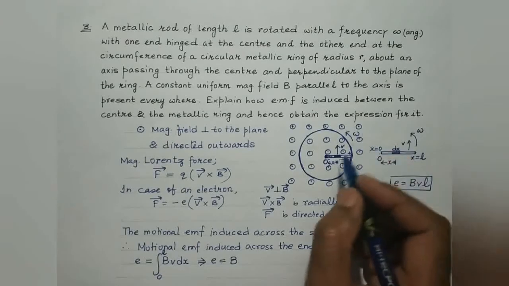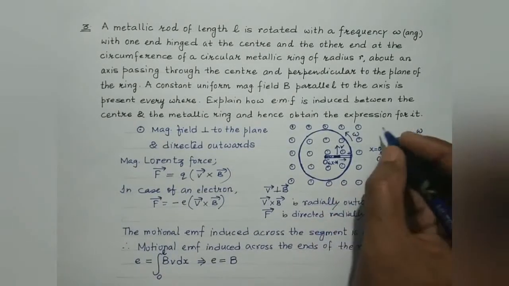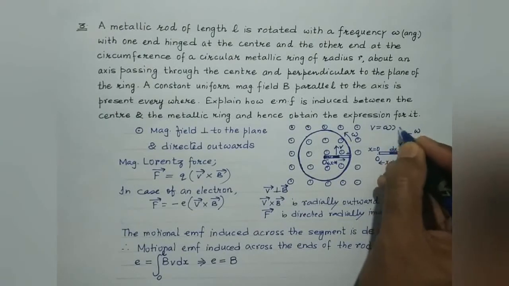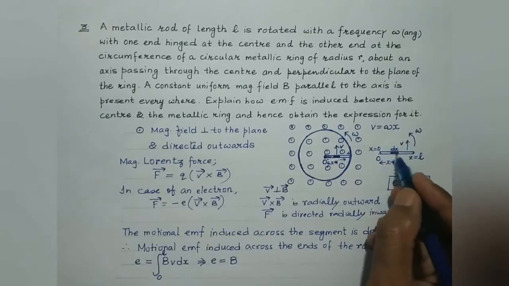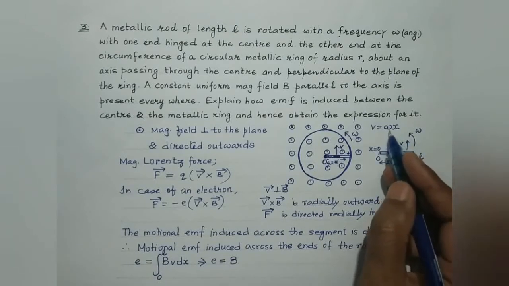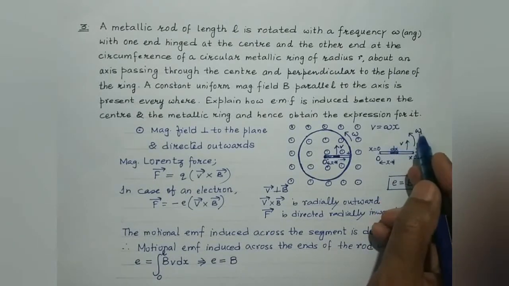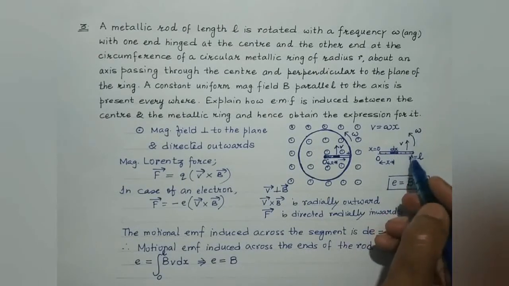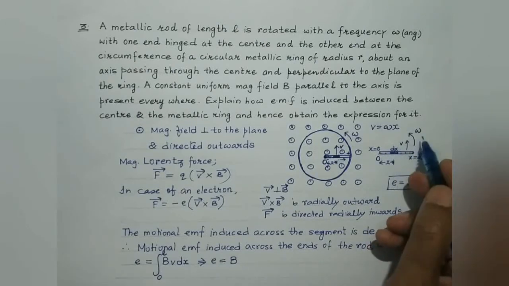Now what is the relationship between the linear velocity and the angular velocity? V is equal to omega x. So the linear velocity of this small segment is v, which will be omega x. Omega is the angular velocity. The angular velocity of every constituent particle of this rod will be the same, while the linear velocity of different particles would be different.